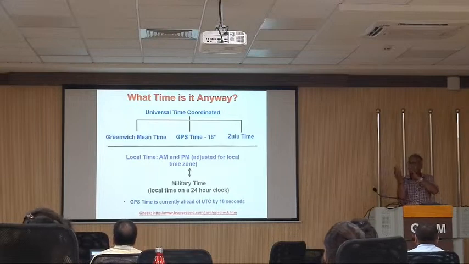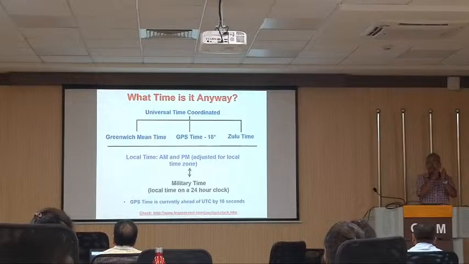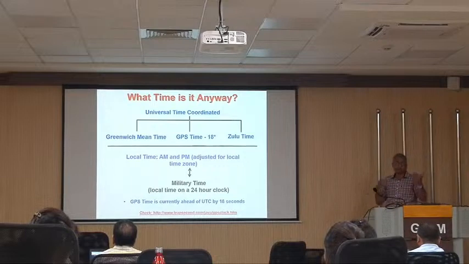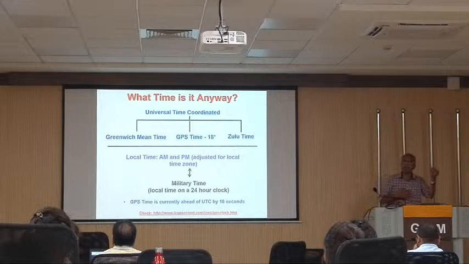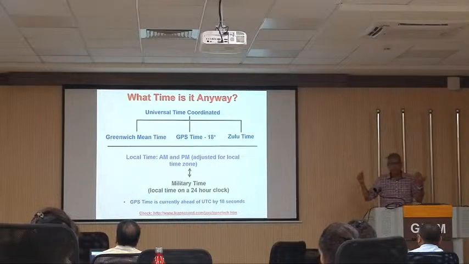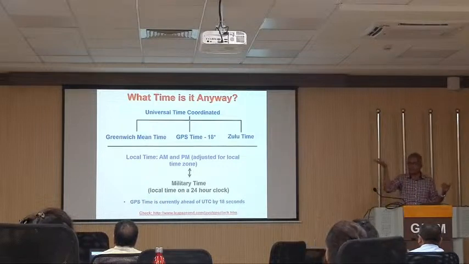So the Earth is moving either a little slower or a little faster, not exactly like an atomic clock that measures. So over a period of time, UTC time, which is world time, Universal Time Coordinated, starts to vary from the actual GPS time, because GPS time does not understand the logic of day and night.